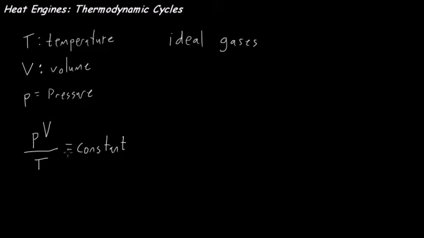A lot of the processes I can do to gases keep one thing constant of these three, and we have special names for when that happens. So for example, if I keep temperature constant, we call that isothermal. Iso just means same. So if I keep temperature constant, I'm changing just pressure and volume, so I have an isothermal process. So that's constant temperature.